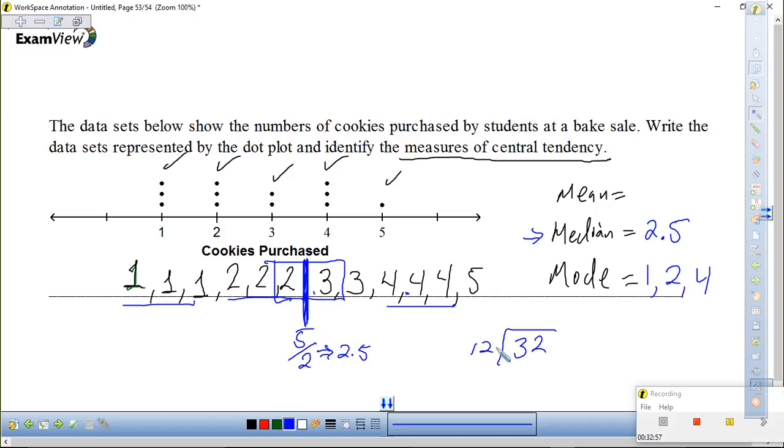How many times is 12 in there? 2, that's 24. Subtract, that's 8. Add a decimal. 6, that's 72. 8, add a decimal. And then repeat. So the mean is 2.6 repeating.